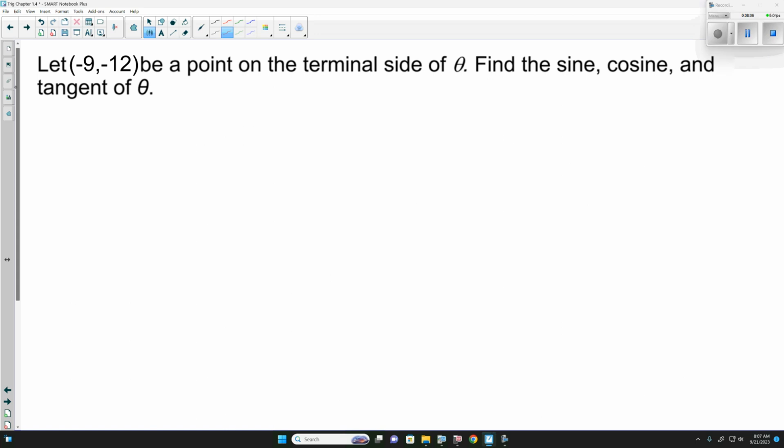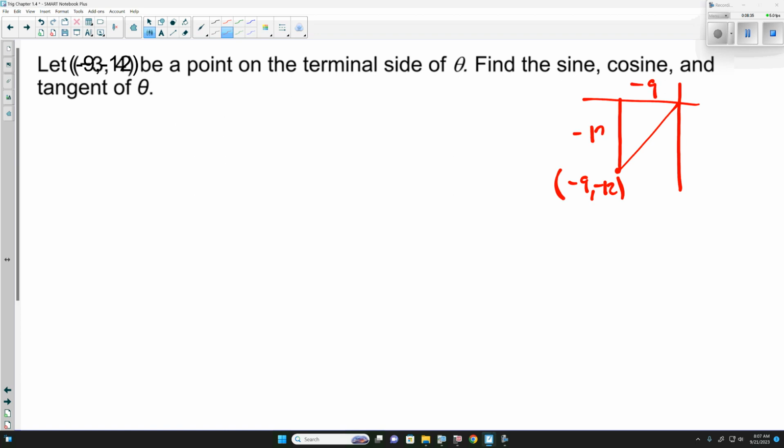Let (-9, -12) be a point on the terminal side of theta. Again, we could use x, y. I have a tendency to stick to plotting the point. Since they're both negative, we are in the third quadrant: (-9, -12).